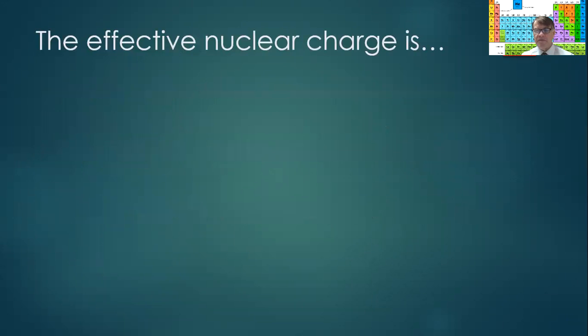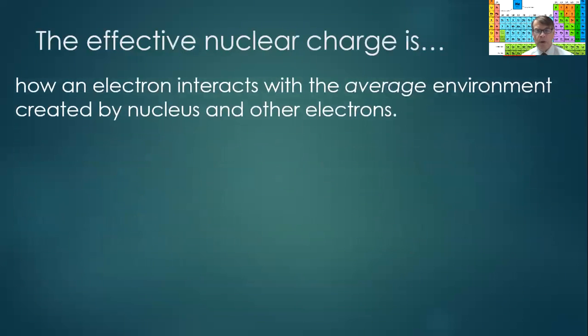So what is this effective nuclear charge? Well, it's not going to be a simple thing if you want to get precise, but we can generally think of it as how an electron interacts with the average environment created by the nucleus and other electrons.